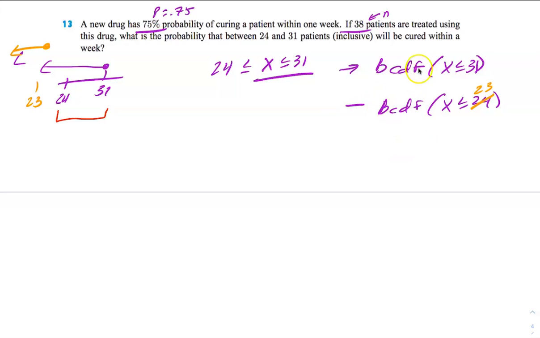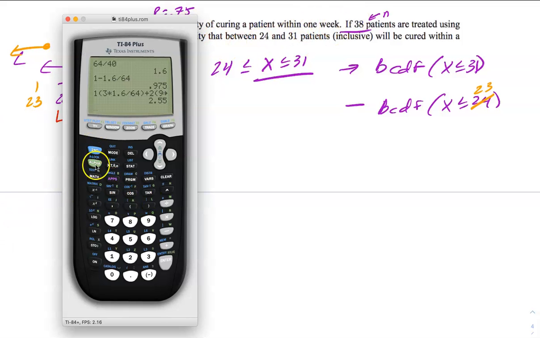So we're going to do binomial CDF of 31 minus binomial CDF of 24, where my P is 0.75 and my N is 38. So let's put that in my calculator real quick. Second distribution, now they're all less than, so we're all good. Binomial CDF of 38, 0.75, and then I want 31.